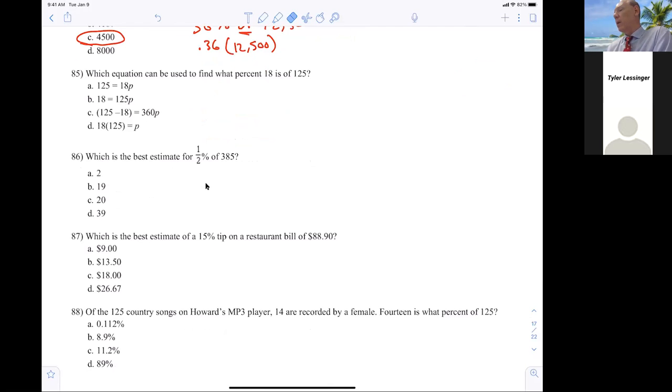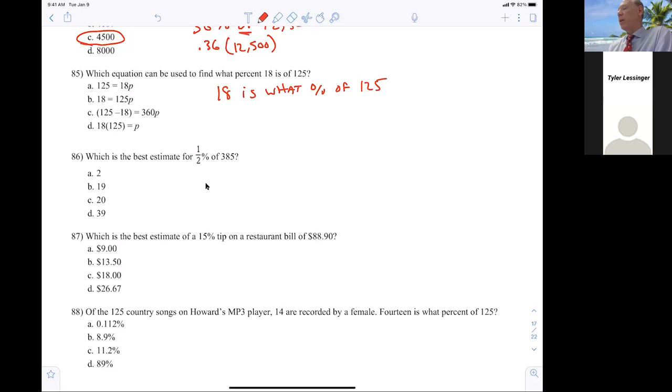I messed that up, guys. 18, here's how I want you to write it. 18 is what percent of 125? That's how I want you to write it.